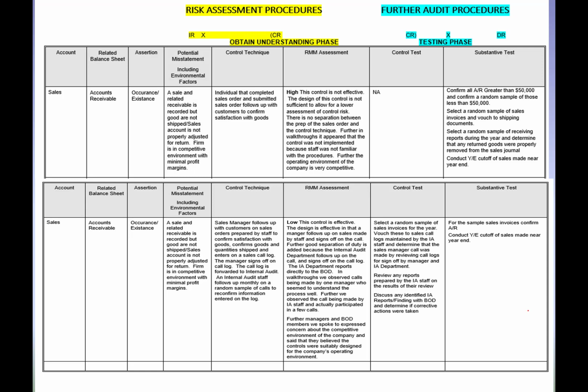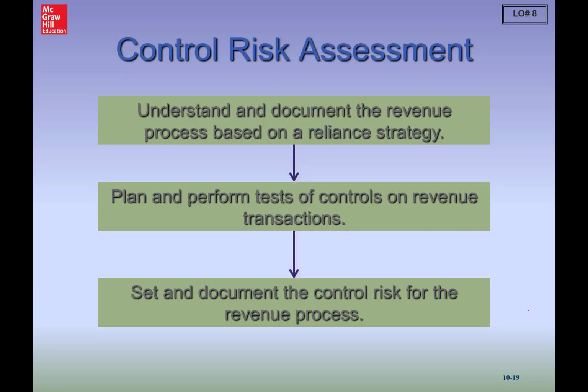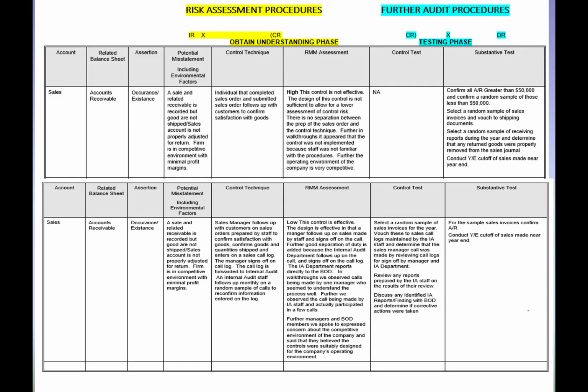And then you respond accordingly. Do you test the control? I assess at the maximum, I go directly to my substantive testing. I assess less than the maximum, I'm going to do some level of control testing. That determines the timing, extent, and nature of my substantive procedures, and how that's affecting my detection risk. So they tell us we have to set and document control risk. There you go. And then how did you respond accordingly?